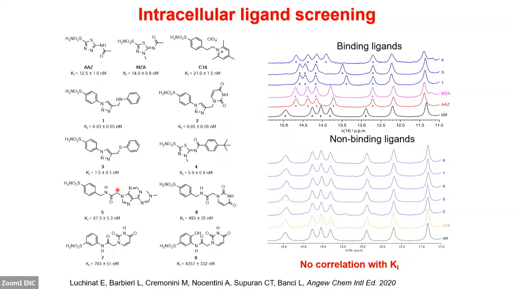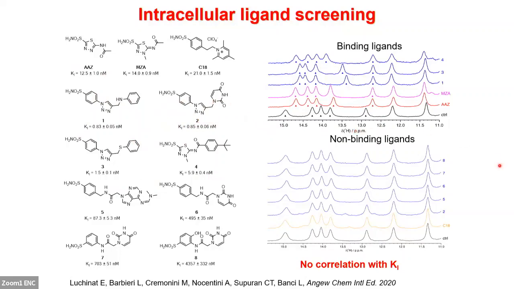We analyzed a series of sulfonamides, and I would like to call your attention to these two specific molecules, 1 and 2. If you read the inhibition constant or affinity constant, it is exactly the same.